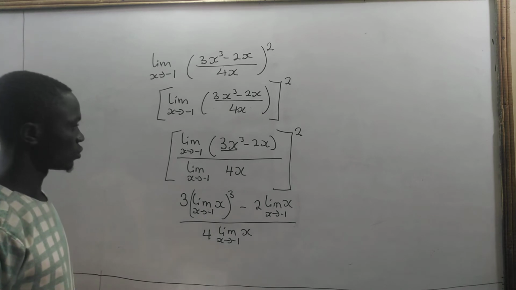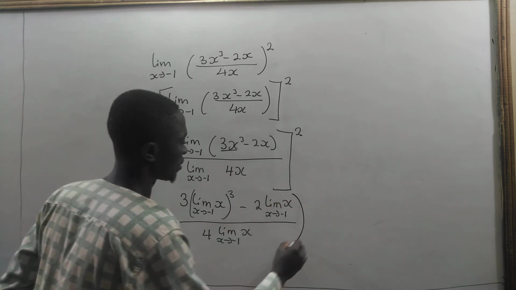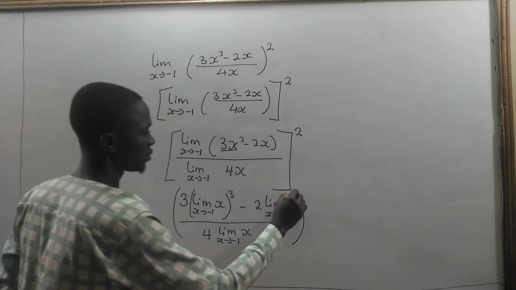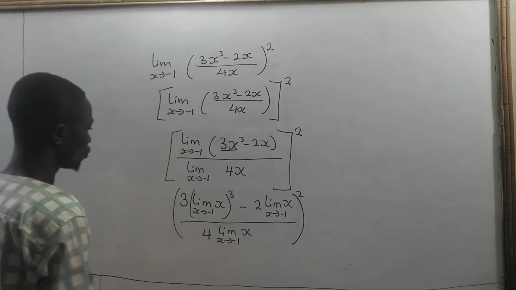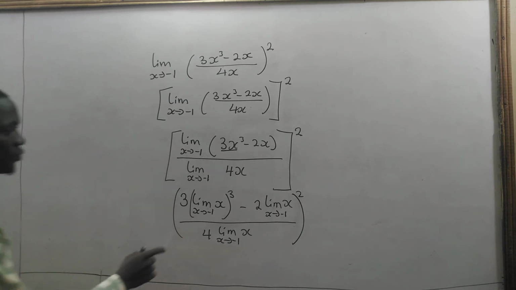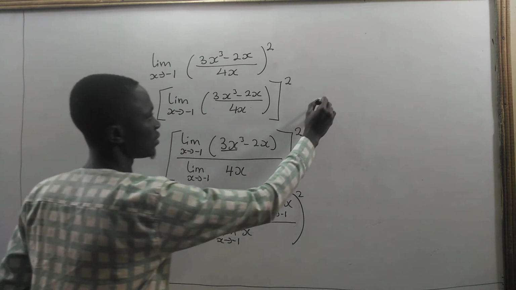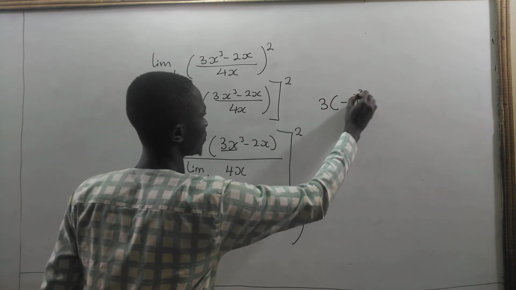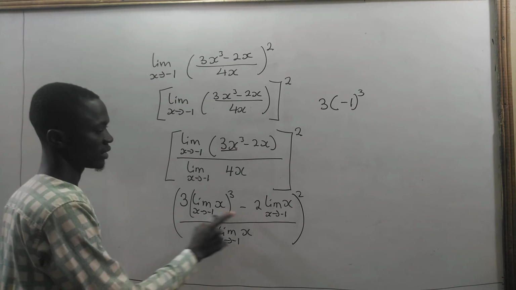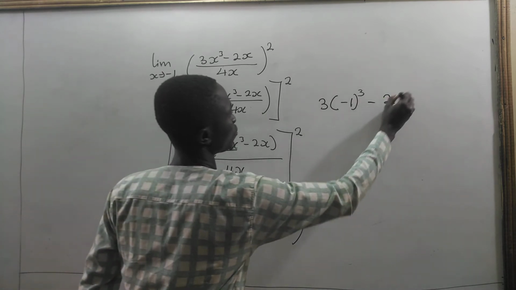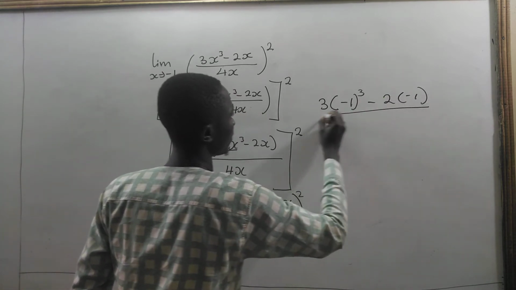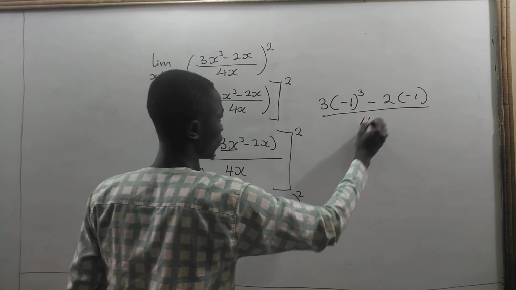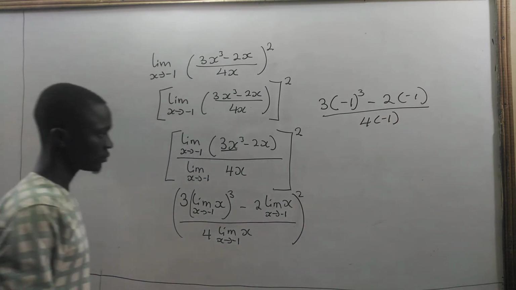Okay, so here we bring the square. So what are we going to get? We are going to have here 3 times -1 cubed, as if you put -1 for x, minus 2 times -1 divided by 4 times -1.